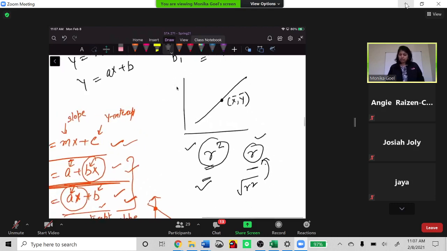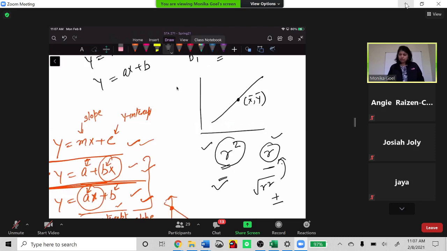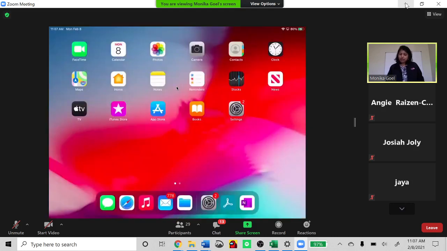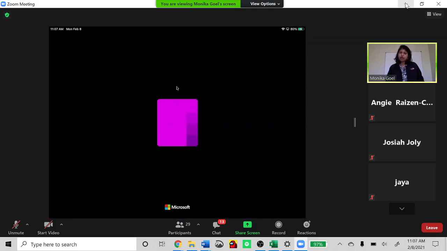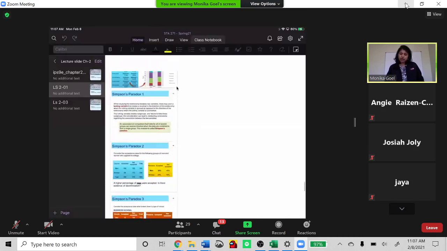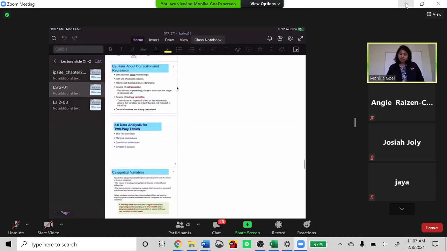The only thing is when you take the square root, you get both a positive and a negative value. And when we have positive and negative values, you need to decide which one you want to work with. So look for the clues or the information provided in your question.